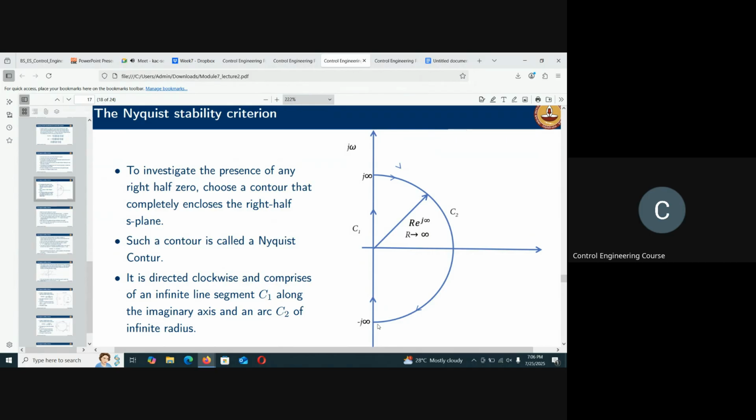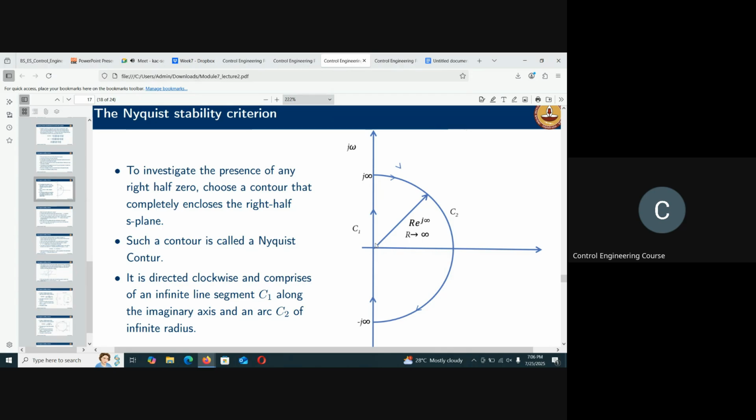Do you see my cursor? Start here, go and then stop here and then take a loop here. Imagine a very big clockwise semicircle, center at origin, radius r.